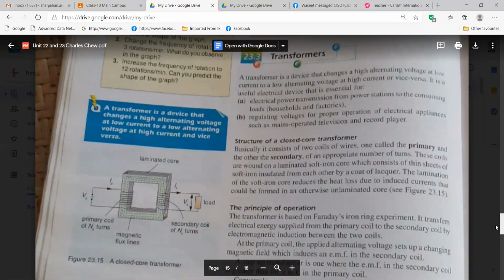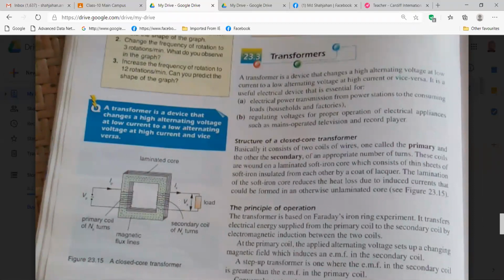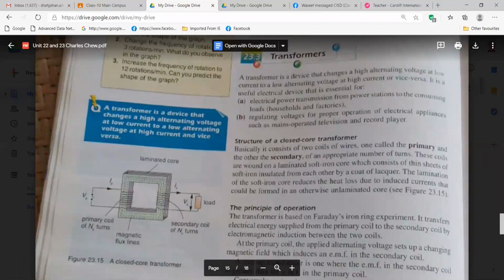Yes, yes. Only you draw this diagram. Okay, so this one is VP, this one is IP.